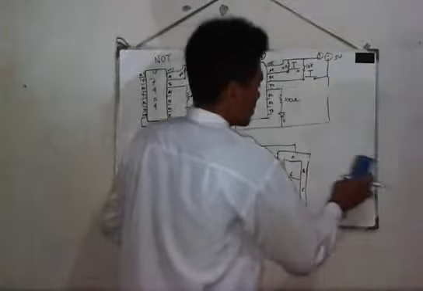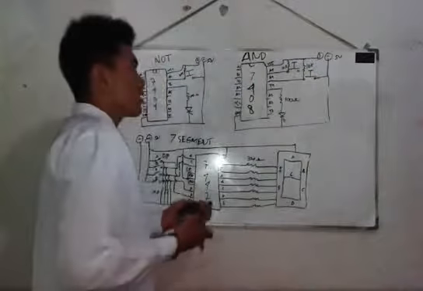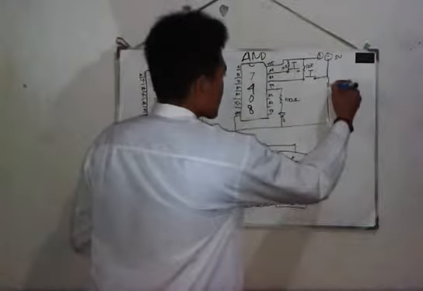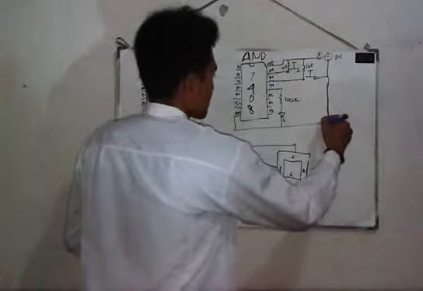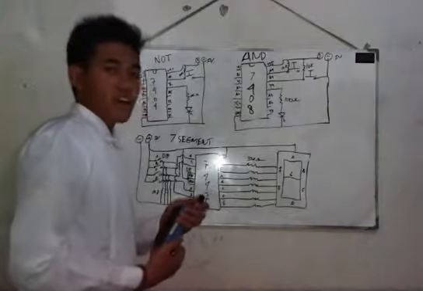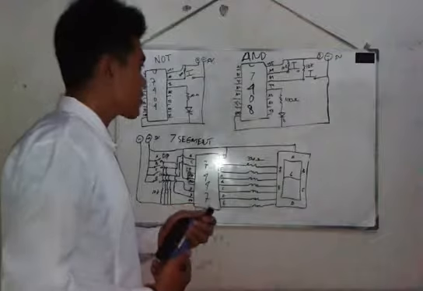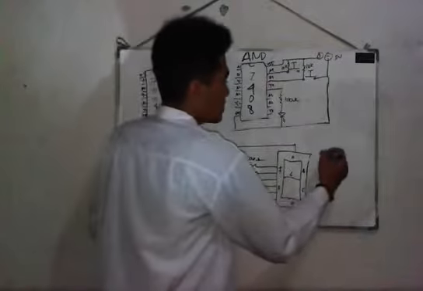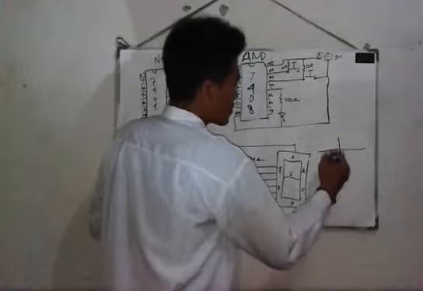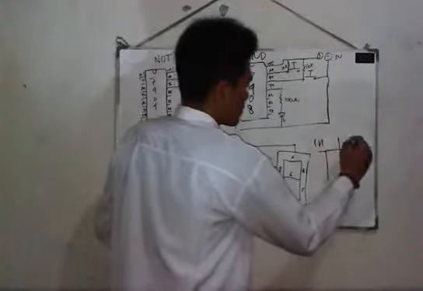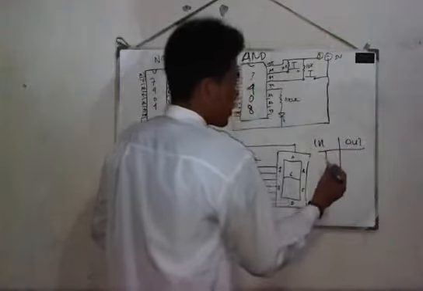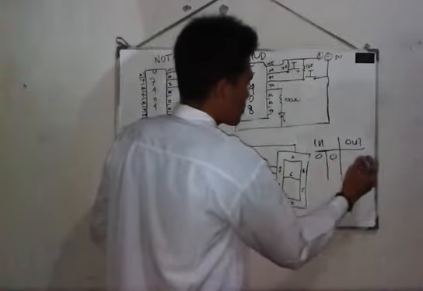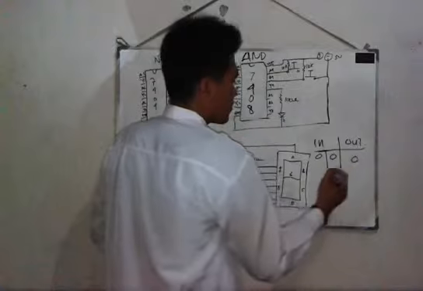Okay. The second is the AND gate. In this circuit, we need IC 7408, and then the datasheet is: if the port of input is 0, 0, the output will be 0.